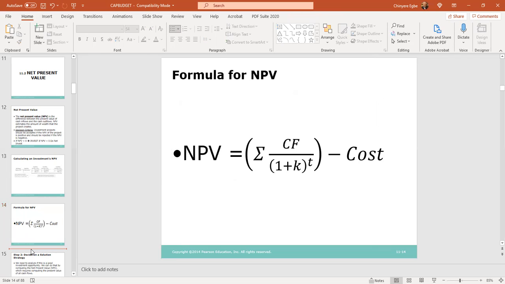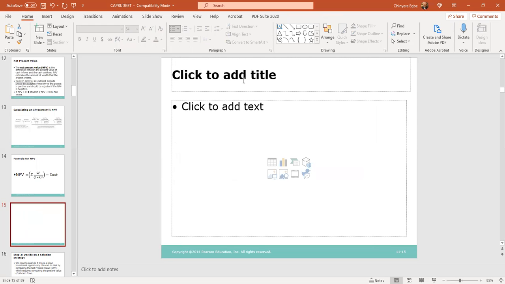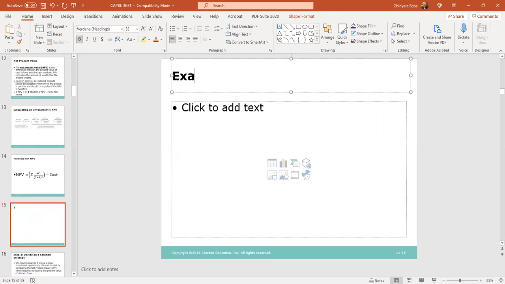Let's look at a simple problem so we can solve it quickly and move on, and then you can understand the other examples.